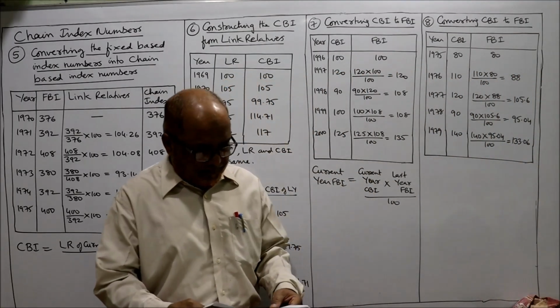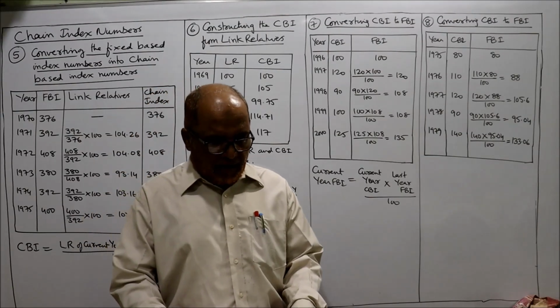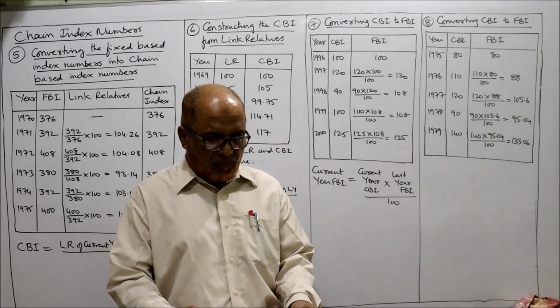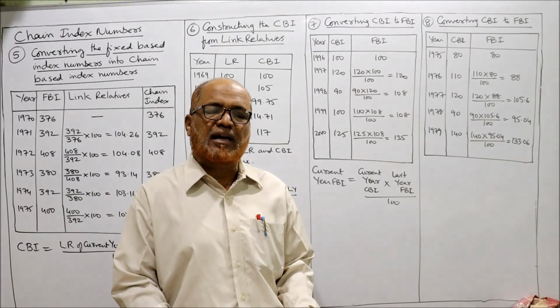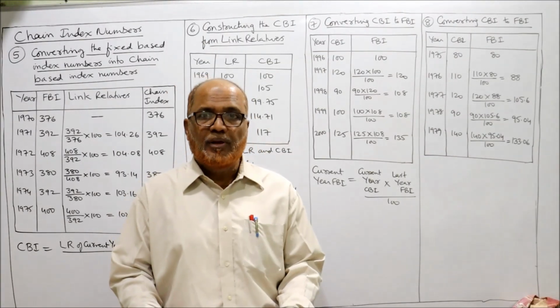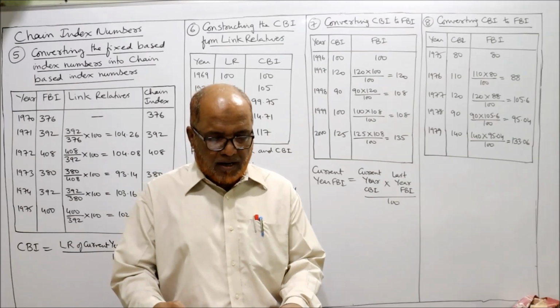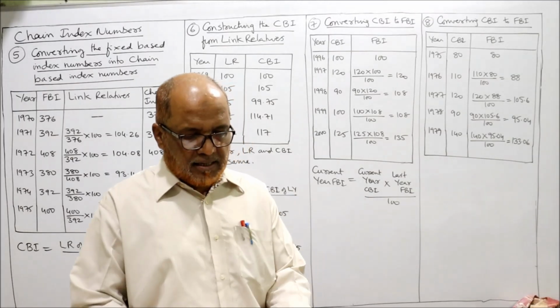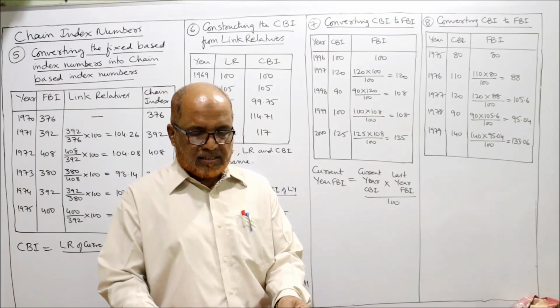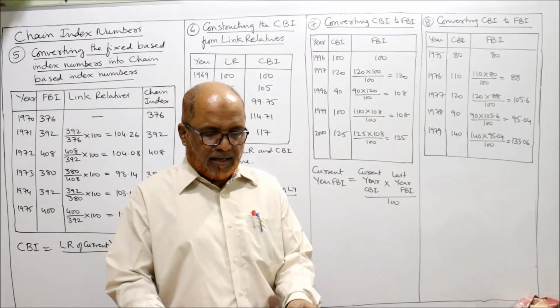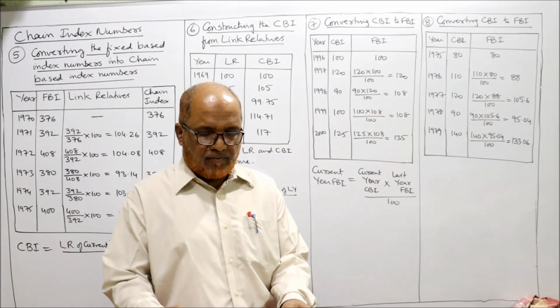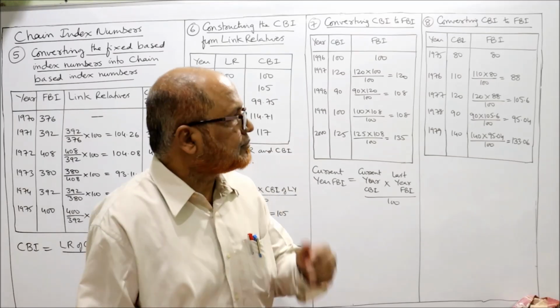Now, the eighth problem. From the chain base index numbers given below, find out the fixed base index number. Exactly similar to the previous problem. In the problem, CBI is given, and we have to find the FBI. Years 1975, 76, 77, 78, 79, and chain base indices are 80, 110, 120, 90, 140.